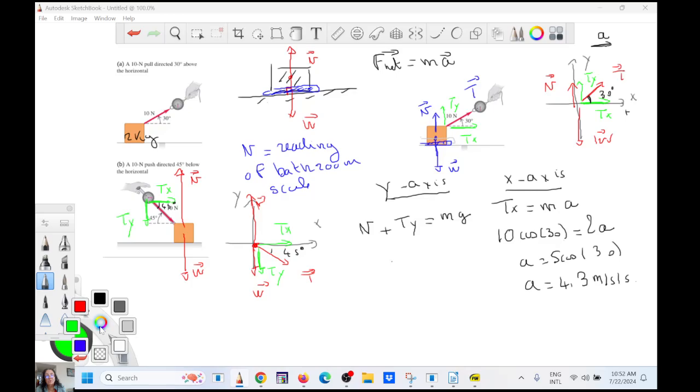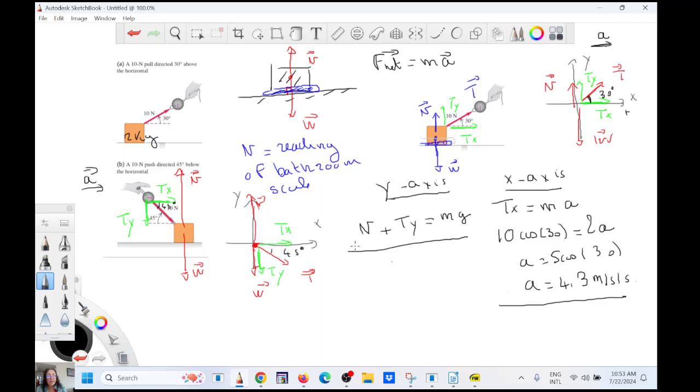So there is also an acceleration in this direction. Okay, so this will be cosine, right? So along the x-axis, so that was for A.